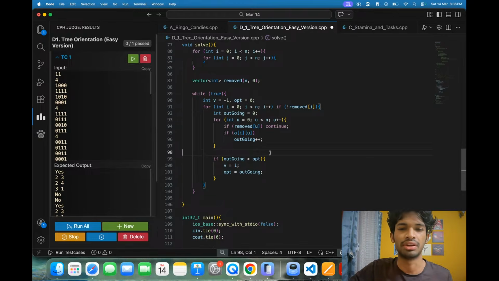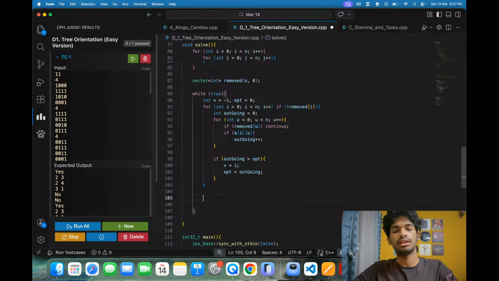It's a very small thing we have done. We just found its outgoing frequency, and then we are looking at the minimum one. Okay, it's likely one now. That outgoing one is one.